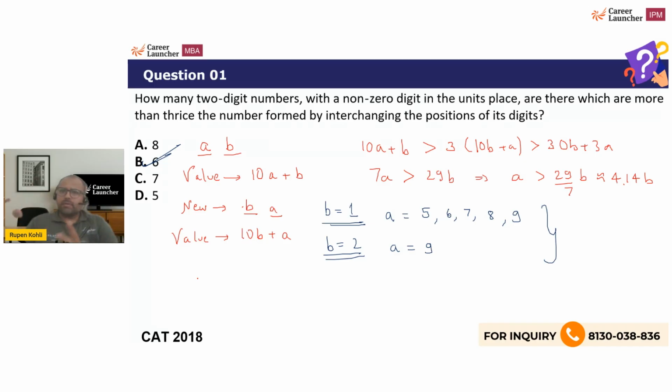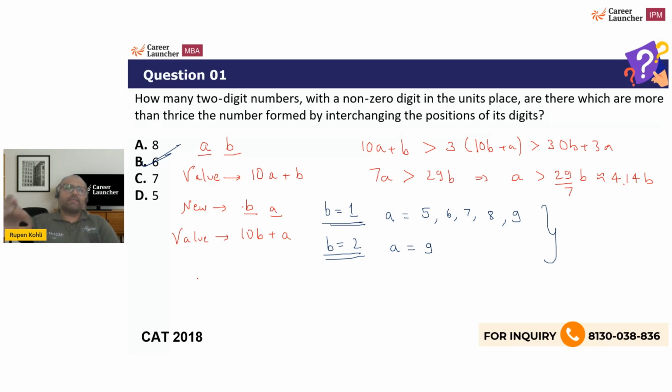A three-digit number, let's say ABC, A being the hundreds place, B being the tens place, C being the units place, has its value as 100A plus 10B plus C, right? So make use of that, and we can deal with such questions.